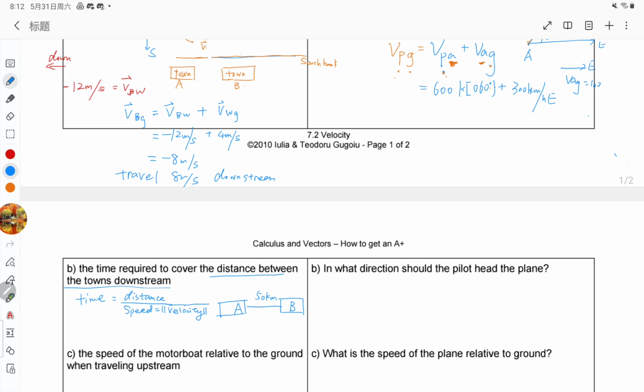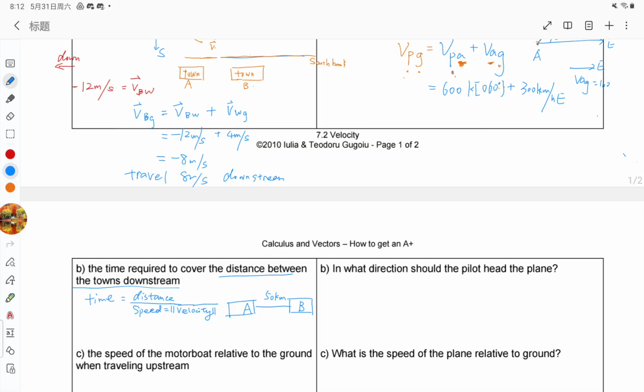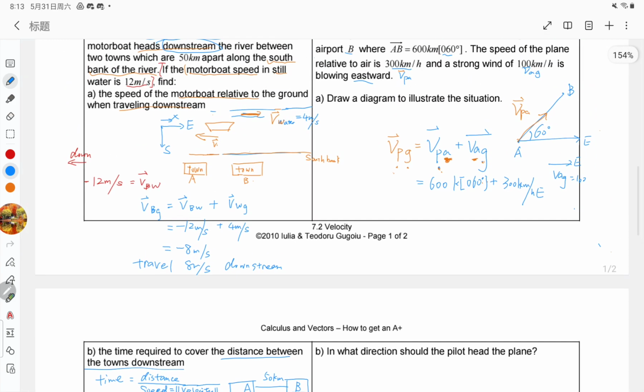But if we were to calculate the scalar or the time, we just use this norm, okay? So here the distance is 50, the same unit, kilometers per kilometers, okay? And then the speed is, oh sorry, this is 8.